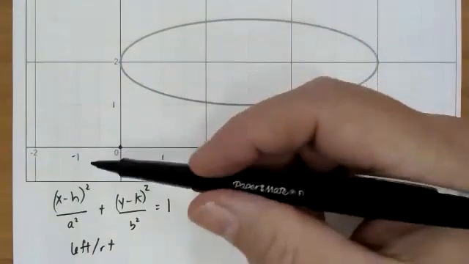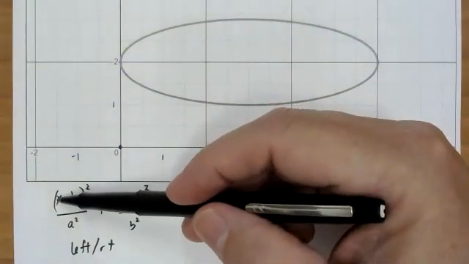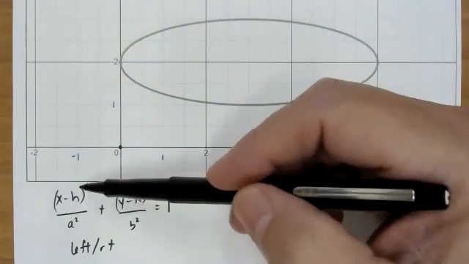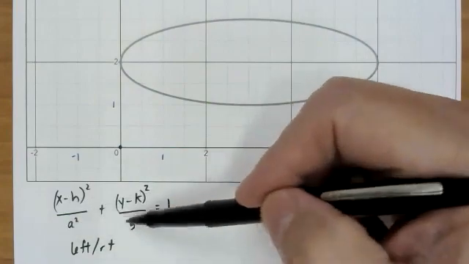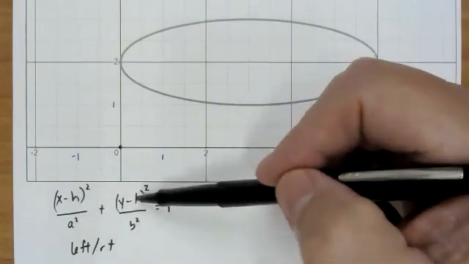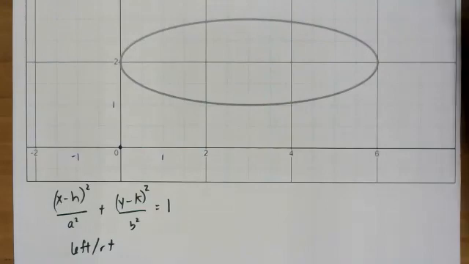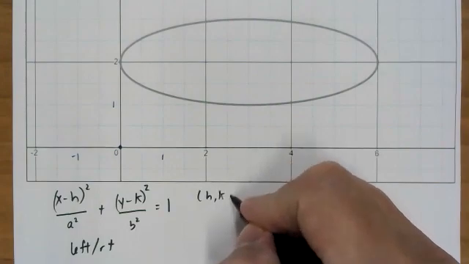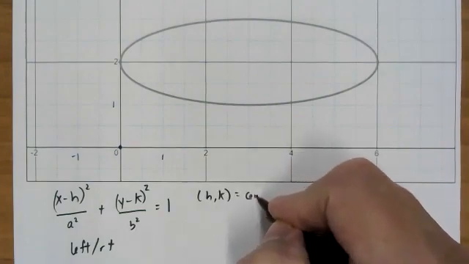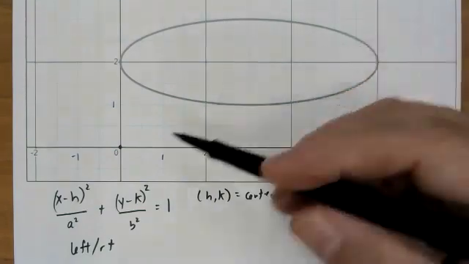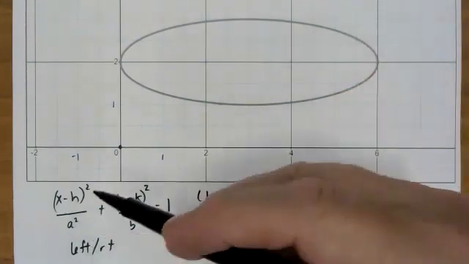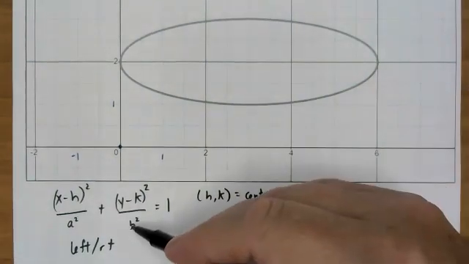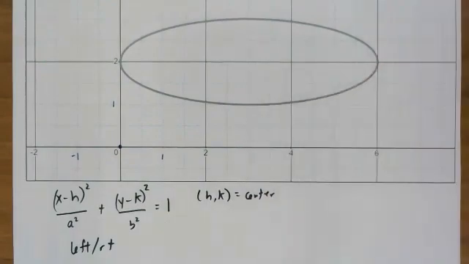Now we know the final equation will have x and y as your variables. So the things we need to determine are h and k and a and b. Of course, h and k are an ordered pair, that's the center of the ellipse. And then a is going to be the distance from the center to the major vertex, and b will be the distance from the center to the minor vertex.